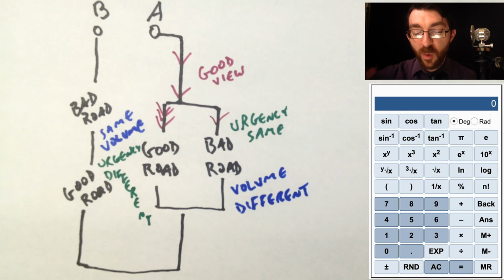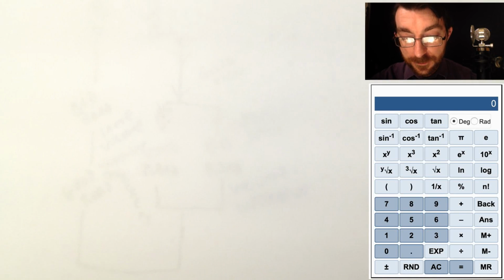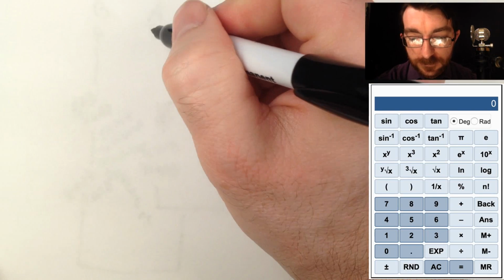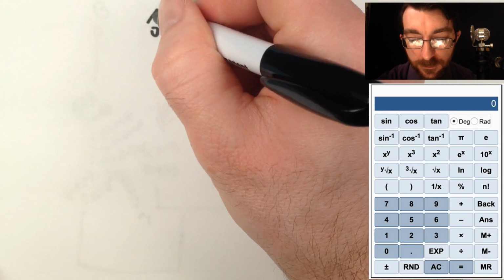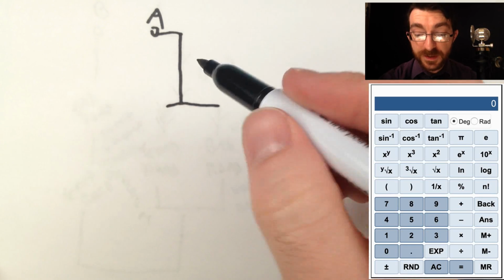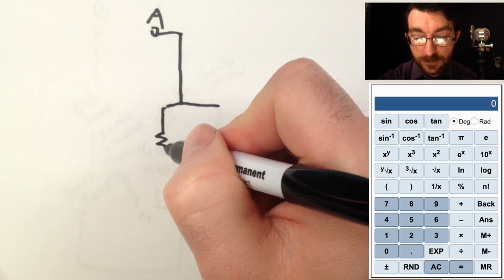Okay, we're going to have this scenario play out, but with circuits, and I'm going to draw the same circuit, but I'm going to replace everything with resistors. Okay, so let's recreate this. Got my starting point, and then I've got a couple resistors in parallel.